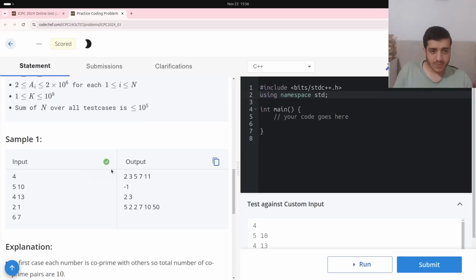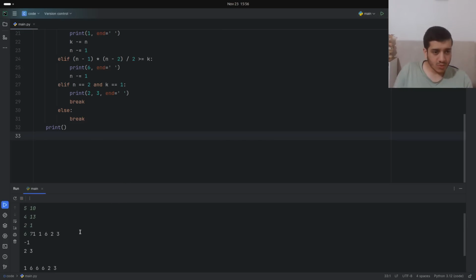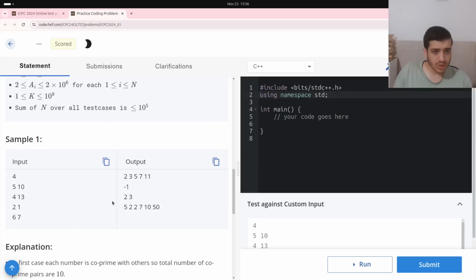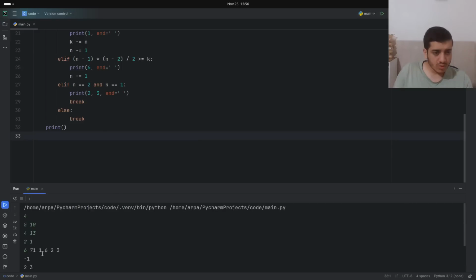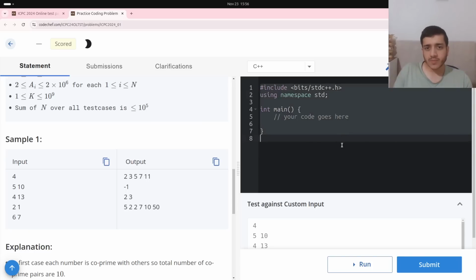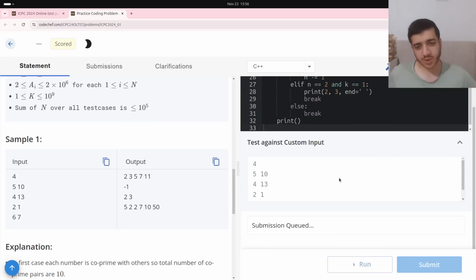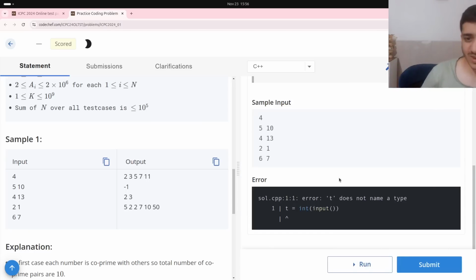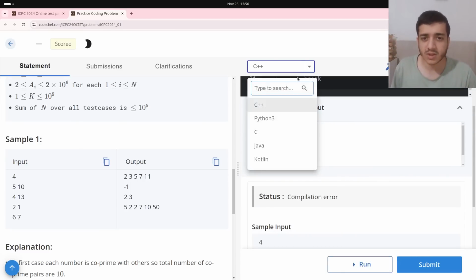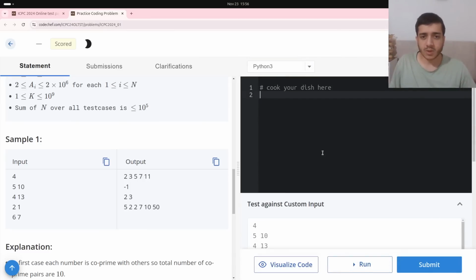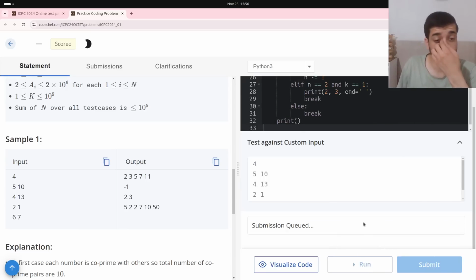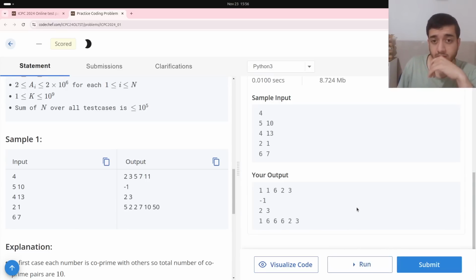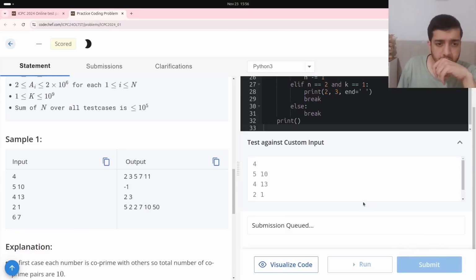Okay, let me run this code. 1, 1, 6, 2, 3 seems correct. 2, 3, and this is correct too. Okay, let me check if the judge for this problem is working or not. Oh, I'm submitting this code as C++. No. It must be correct.